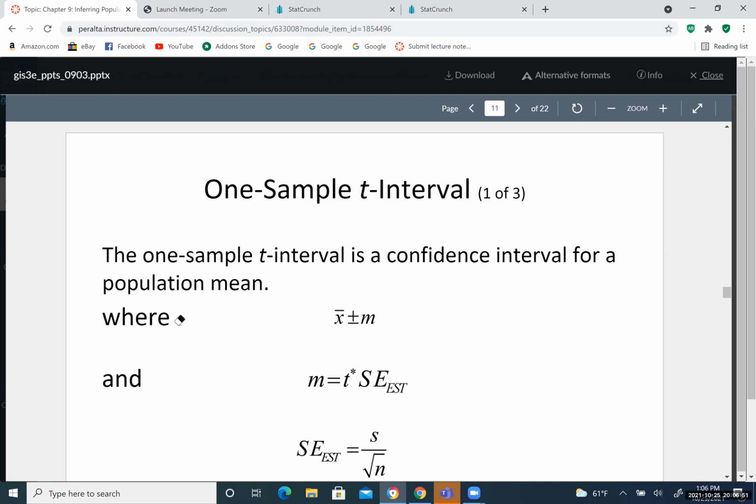And t star, we're using that formula when we have the sample standard deviation s. If you're looking at the s in the prompt, then you know right away they're using t star. Otherwise, if they have sigma, then they're using z star. And where do you find z star and where do you find t star? I will show you.